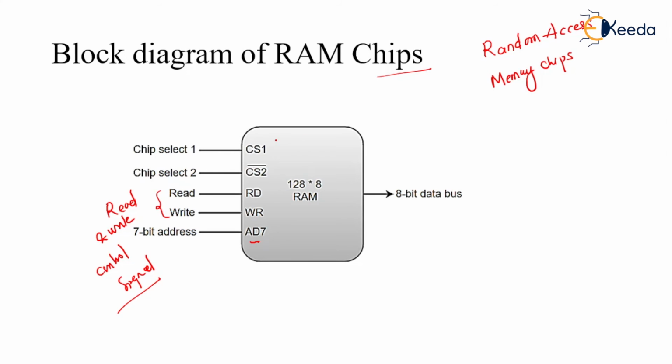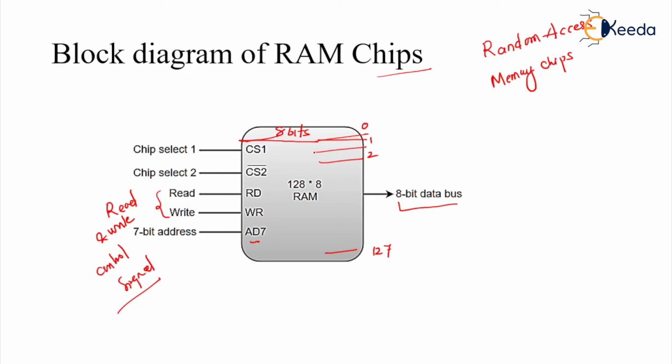With the 7-bit address, there are locations 0, 1, 2, up to 127. Now we have to give the control signal for what you want to do, and there is an 8-bit data bus. That means one location of the chip consists of 8 bits.